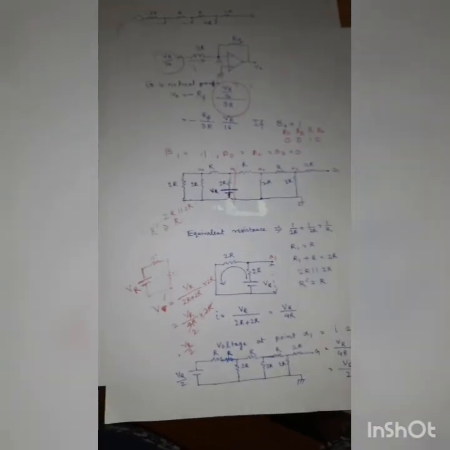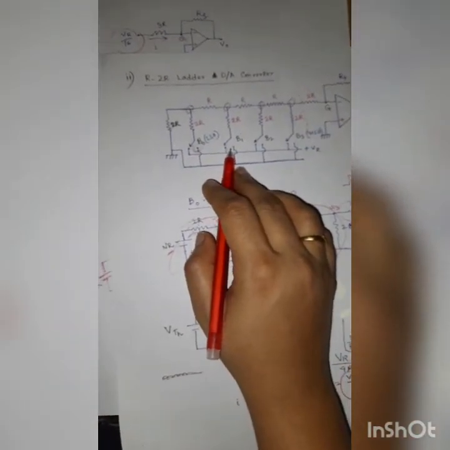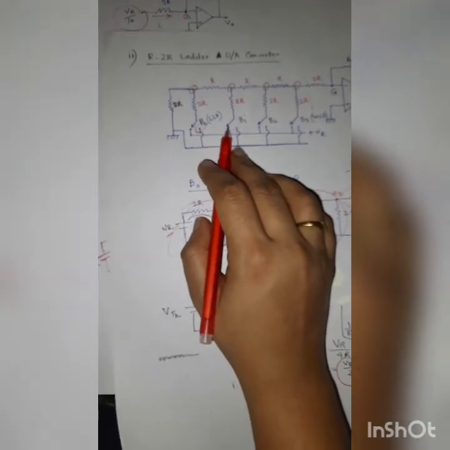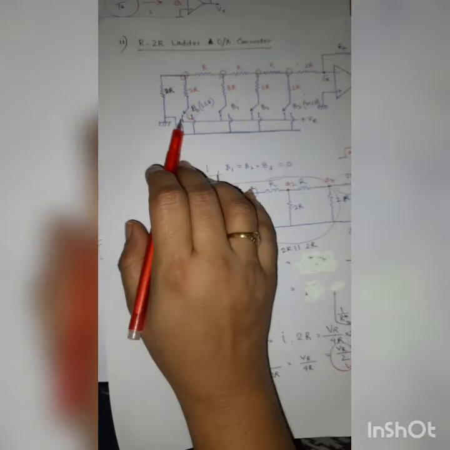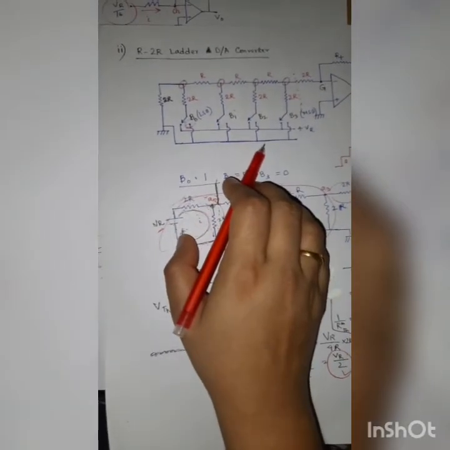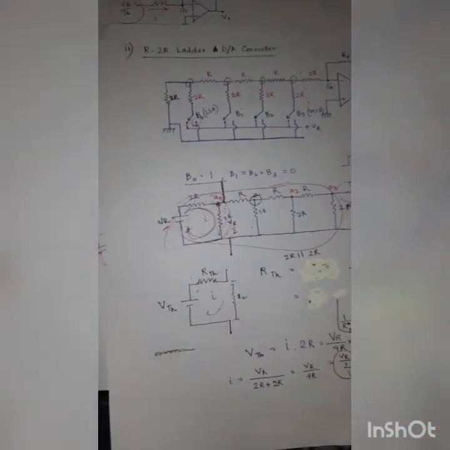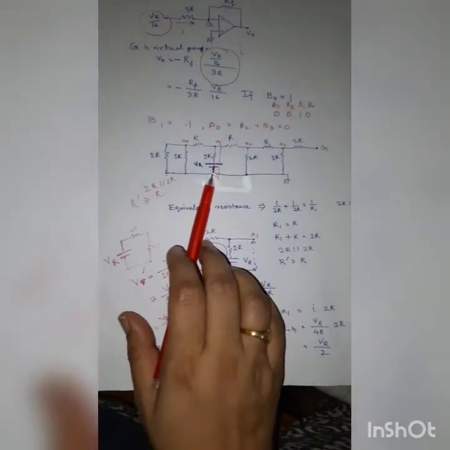Now for B1 equals 1, this point will be connected to VR and B0 is connected to ground now. B2 is also grounded, B3 is also grounded. So the circuit will look like this.